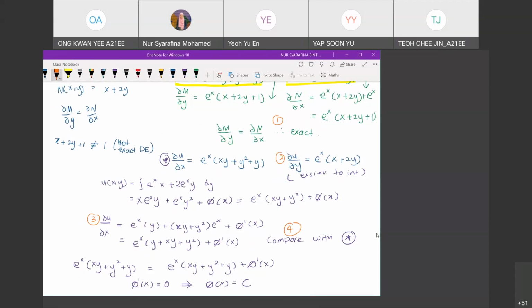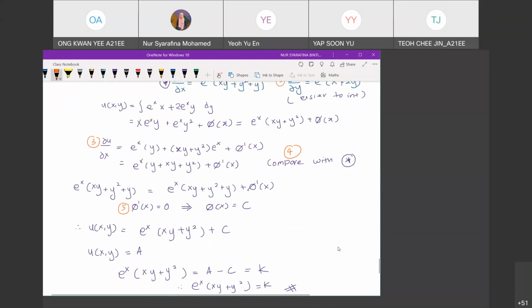After we compare, we can find the value of psi prime and psi x there. Once you have the value, you substitute again and equate them to a constant, and then this is your final answer. Is that clear? Any question? Anyone got question?